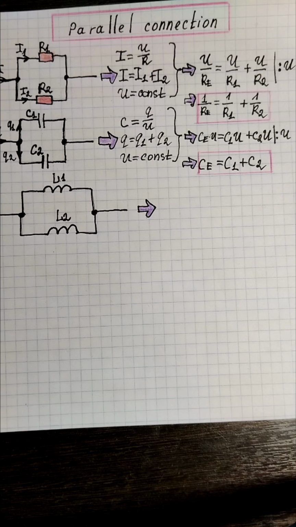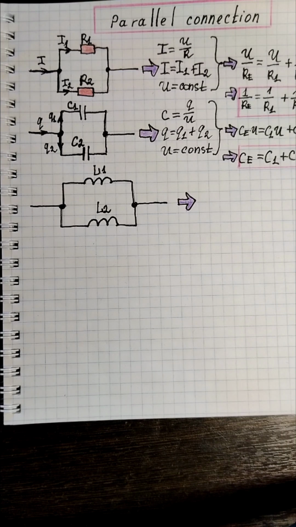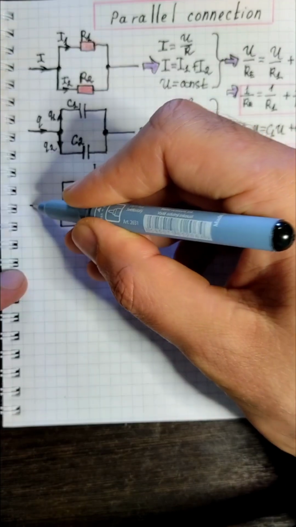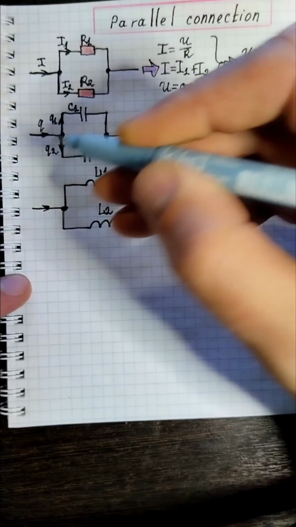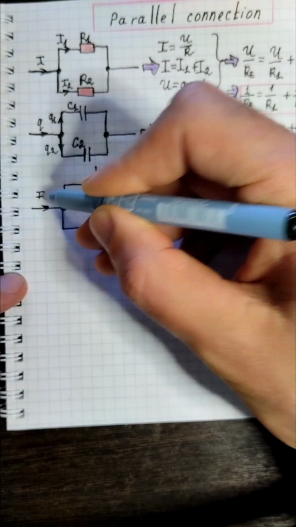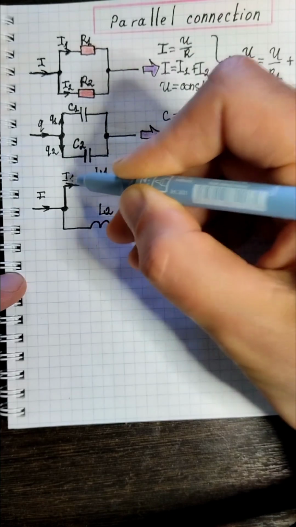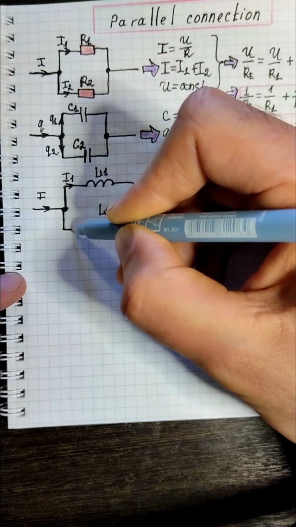individual capacitors. And finally, the last case, which is inductors. Their currents add up at the nodes as in the first case. I'll write it. I1, I2.